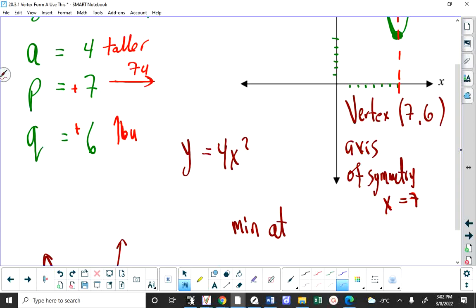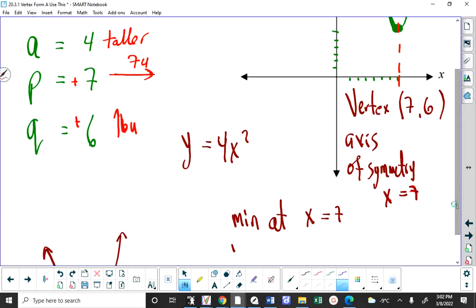The minimum occurs at x equals 7. The minimum value is y equals 6. So the minimum value refers to y, where it occurs refers to x.